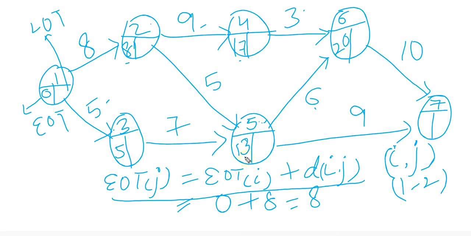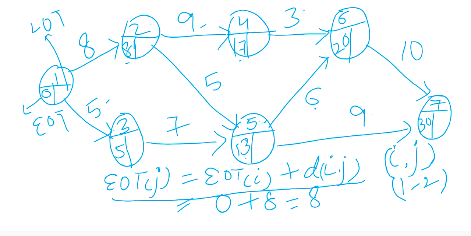From 5 to 7, there is 13 plus 9, it comes to 22, and 6 to 7, 20 plus 10, 30. So here I'm writing 30. Now I have reached my final event, that is 7, and the duration is 30.